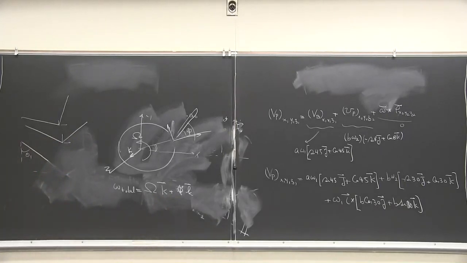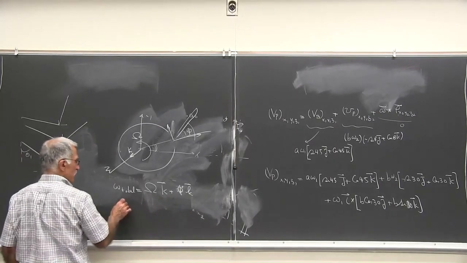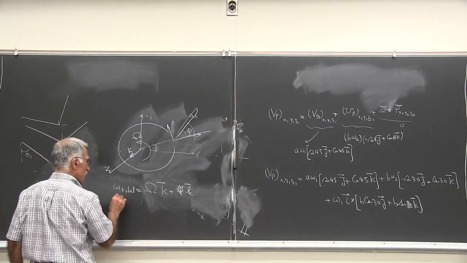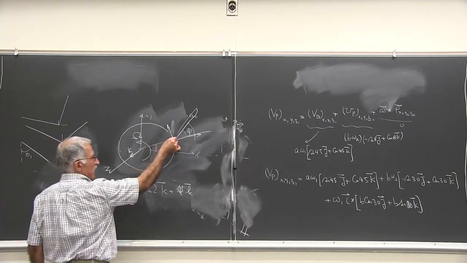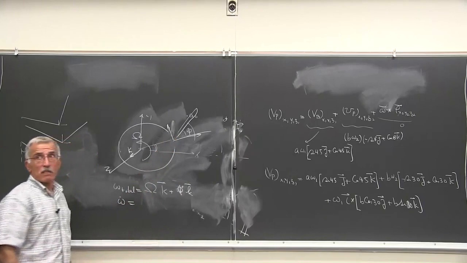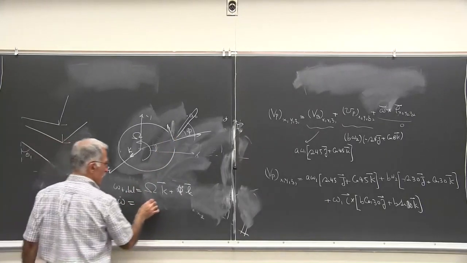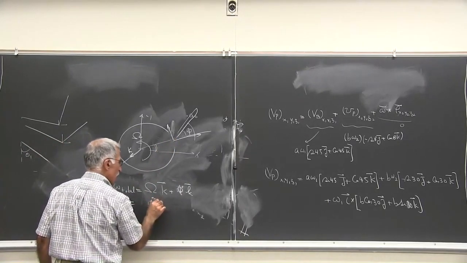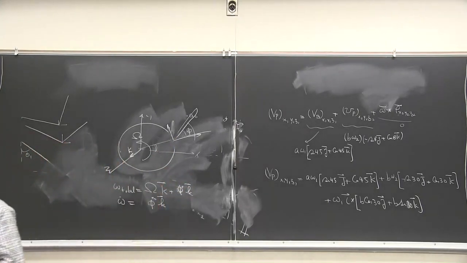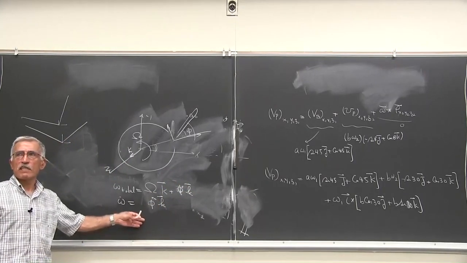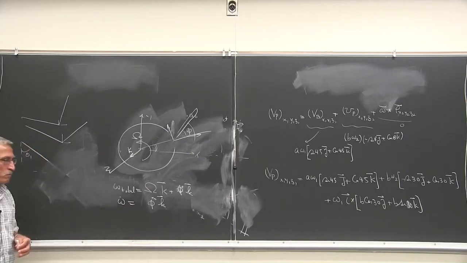This time you do have angular acceleration, and angular acceleration is equal to omega dot, which is constant, no problem. But this small k, does it change its direction? You do have phi double dot k, but this k never changes direction. It's always perpendicular to the blackboard, and no matter how much rotation you have, that's all you have. That's phi double dot k, the only thing that you have.